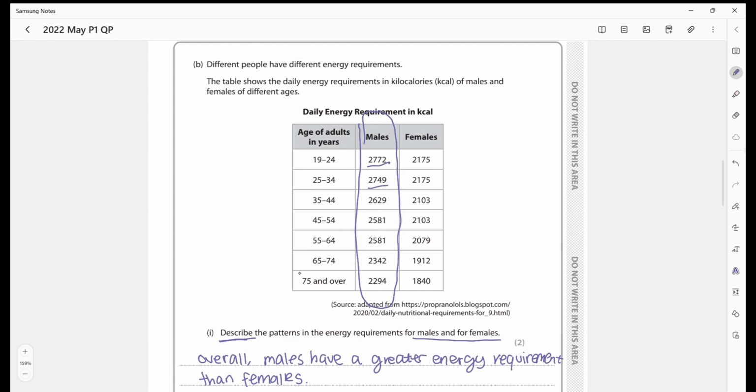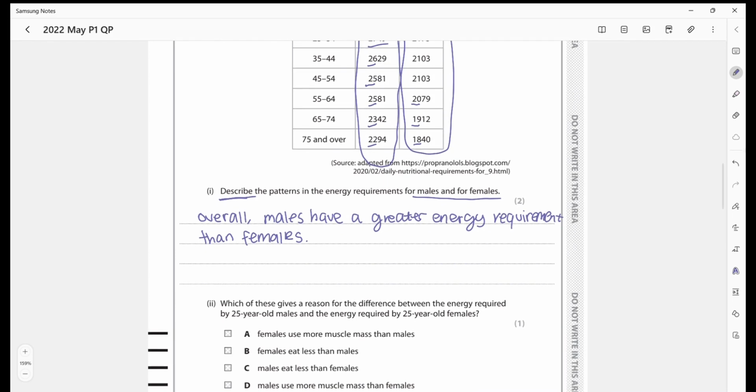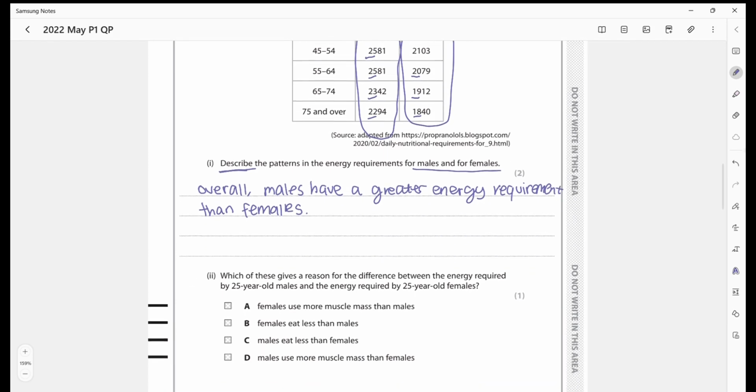It's 2,700, 2,600. You can see it's decreasing, right? 2,500, 2,500, 2,300, 2,200. It's decreasing. Let's see if the trend is the same for females, right? 2,100, 2,000, 1,900, 1,800. Again, you can see there is a decrease as we get older.